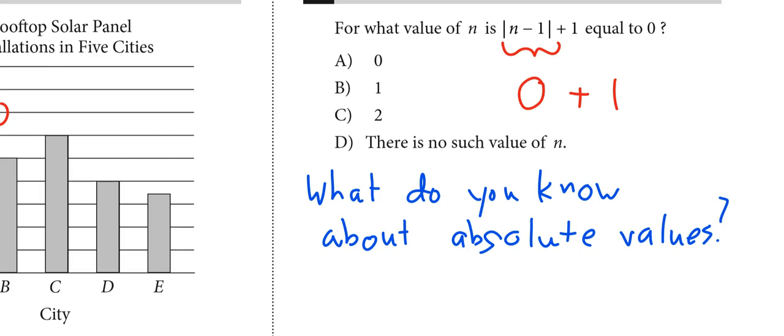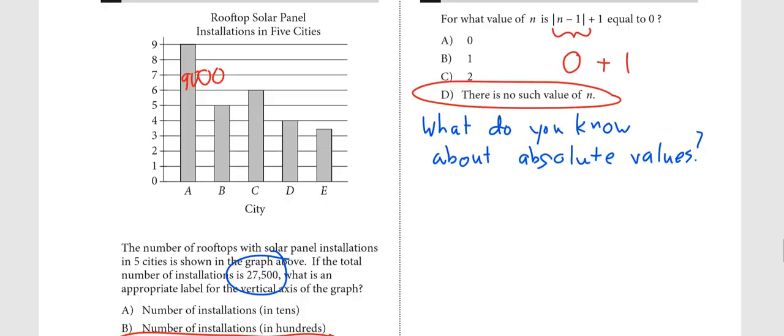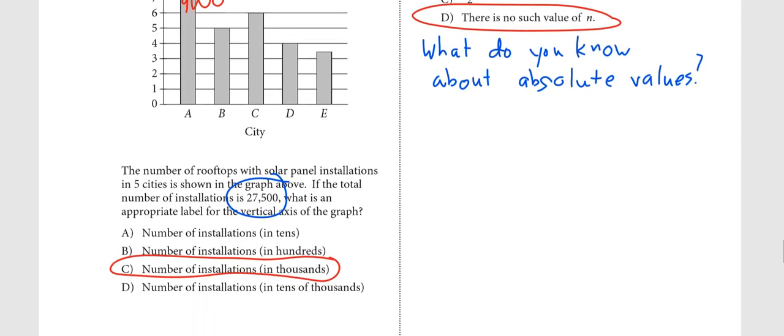So how is that ever going to be possible? It's not. The only way this could happen is if the absolute value was a negative number, which is never going to happen. Absolute value is your distance away from 0, and distances are positive, or the least it could be would be 0.